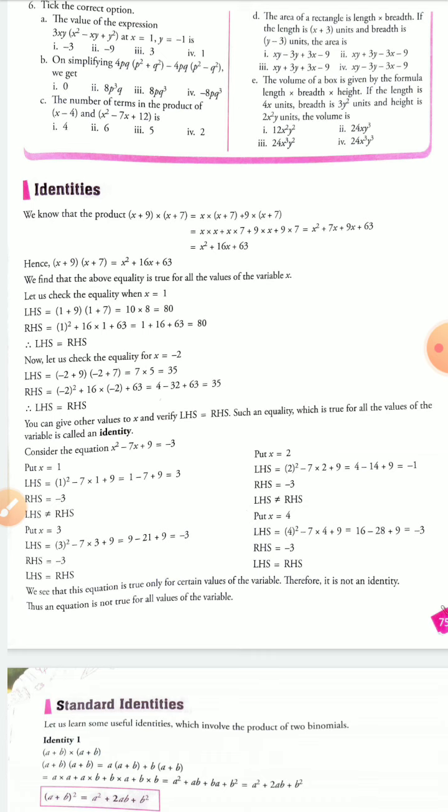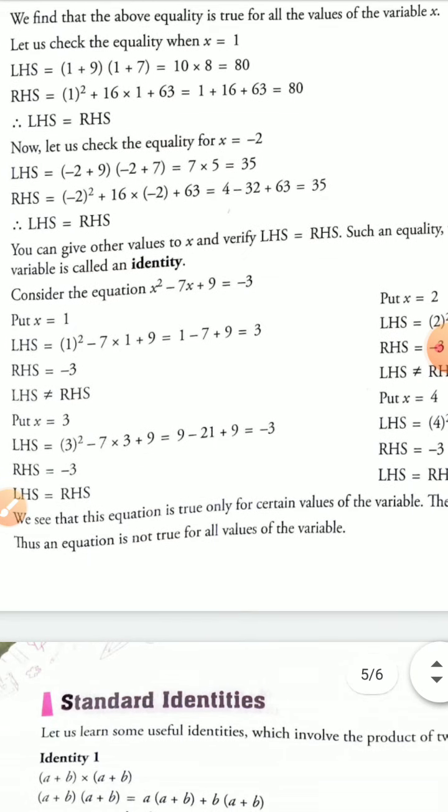For any equation to be an identity, it must satisfy that for all values of x, the LHS should be equal to the RHS. Let us understand this with an example.